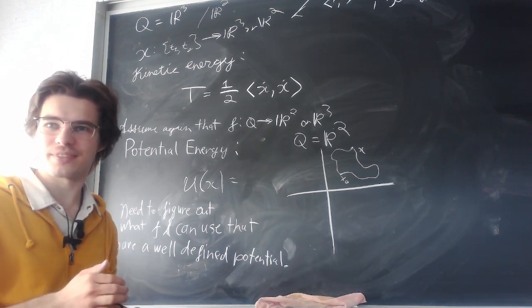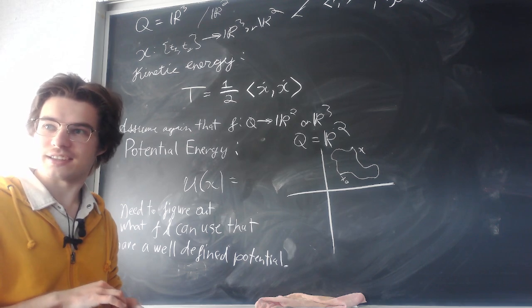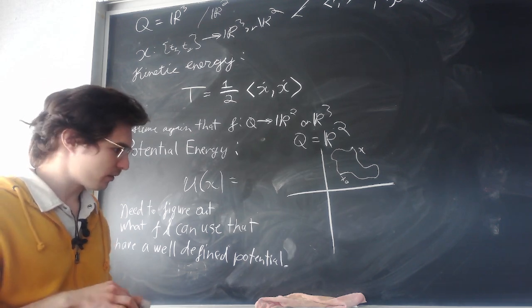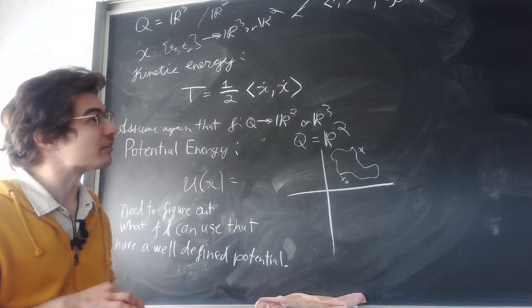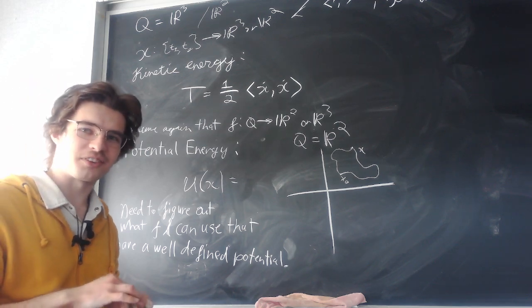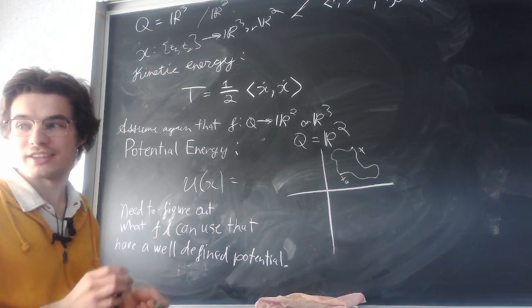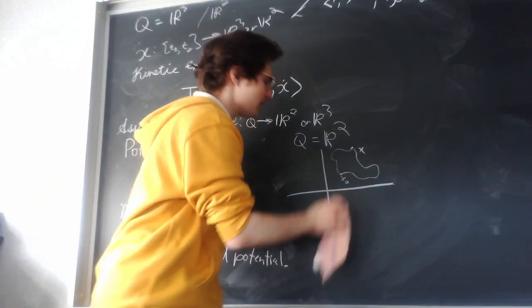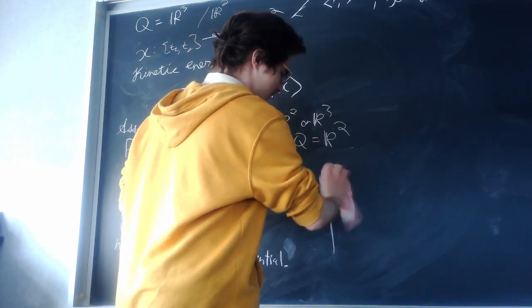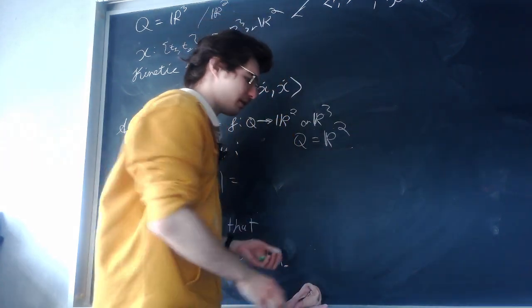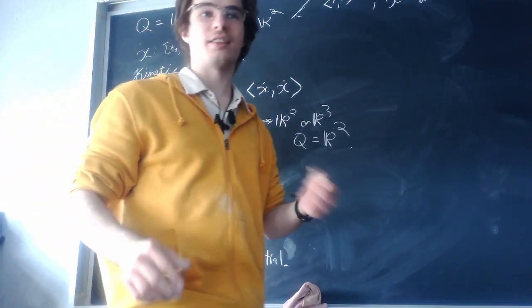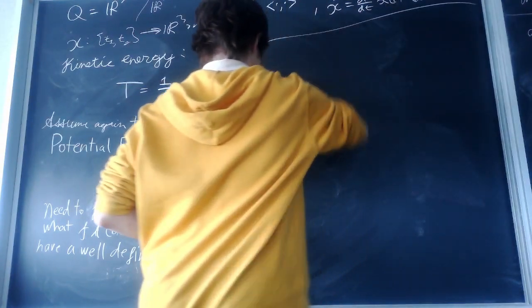Do you agree? Yes? This is where differential forms start to slightly appear in a very vague sense. You don't need differential forms to define this, but I will first define it without differential forms and then tell you how you could use differential forms to define this.